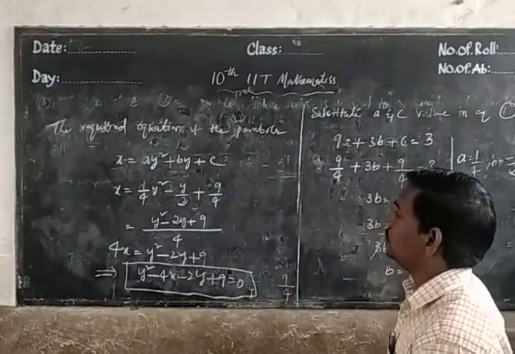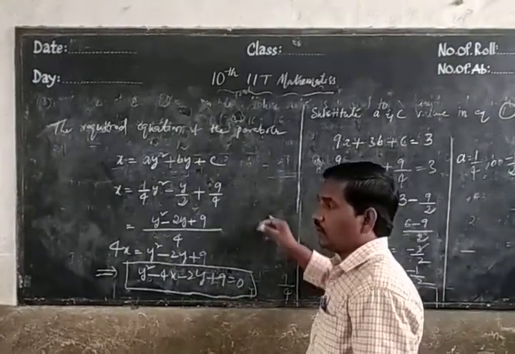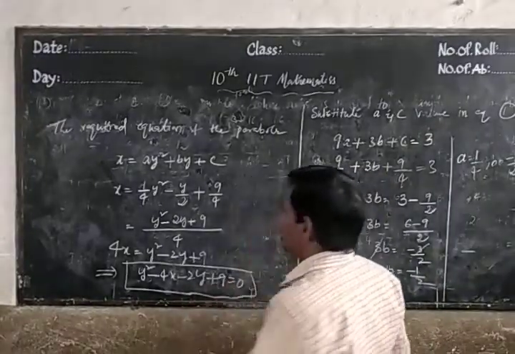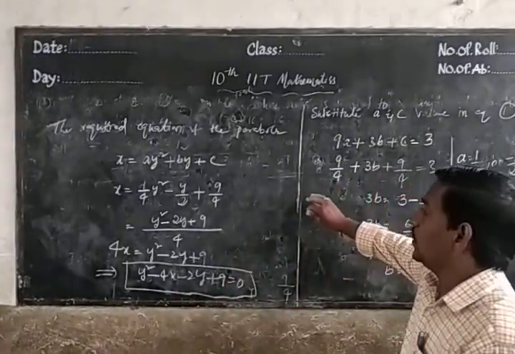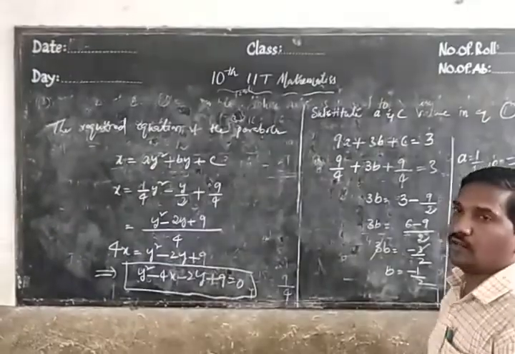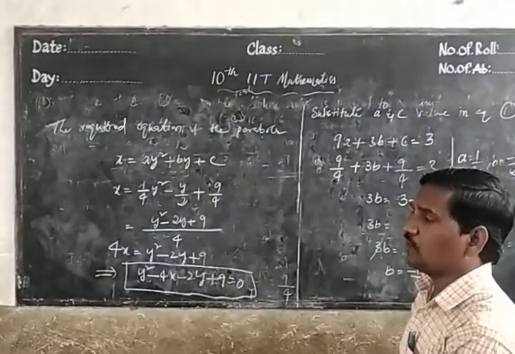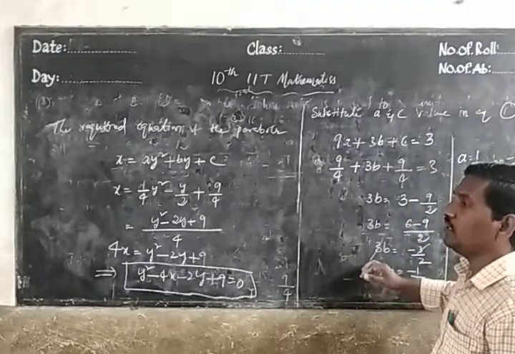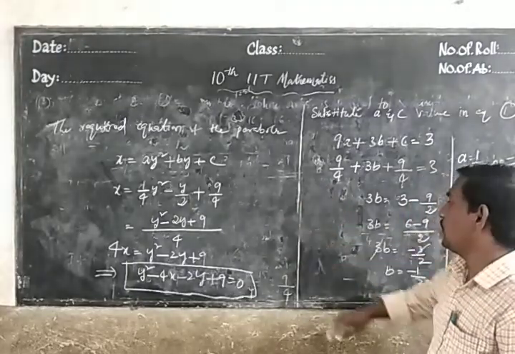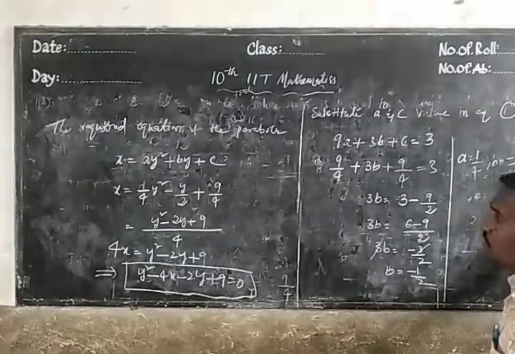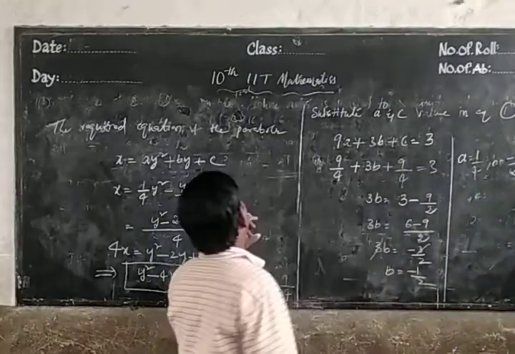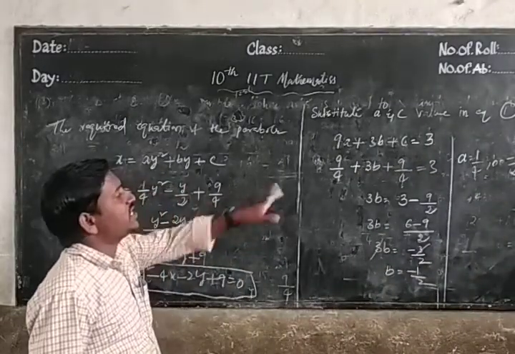Now substituting these values one by one, we get 5 equations. By solving one equation, we got the fourth equation, and by solving one and another equation, we get the fifth equation. By solving the equations, we get the a, b, c values.